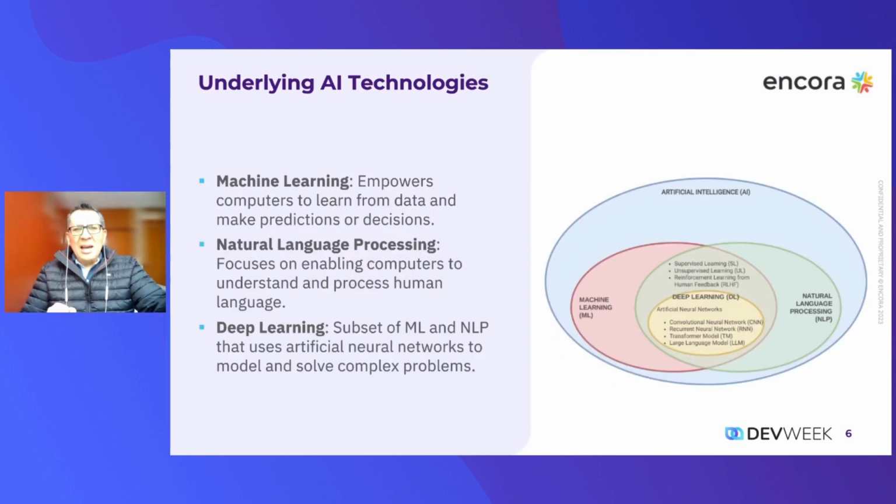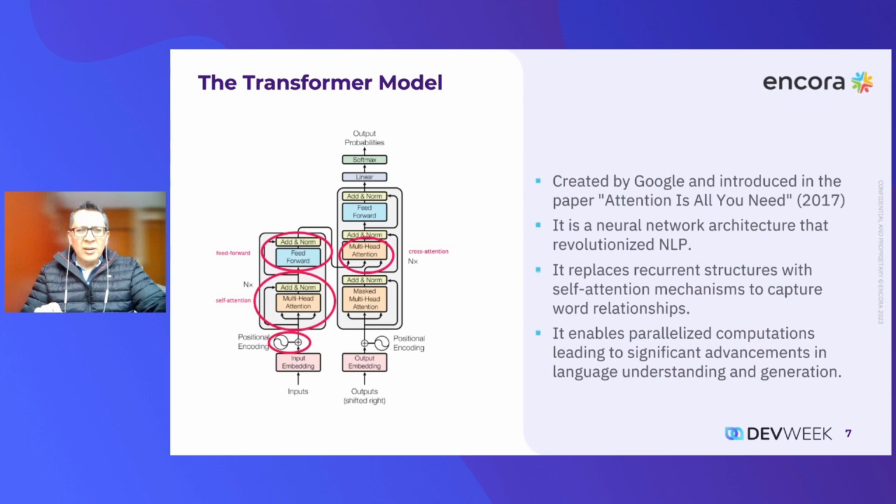The underlying AI technologies. AI is a very big area, but the areas specific to our problem are machine learning, natural language processing, and deep learning. Deep learning is a subset of the previous one that uses artificial neural networks to model and solve complex problems. Okay.